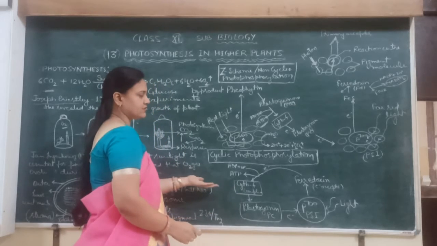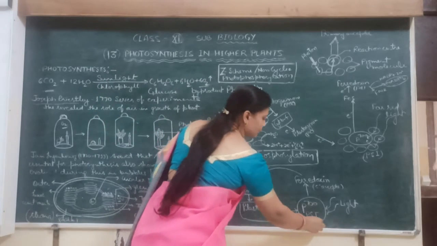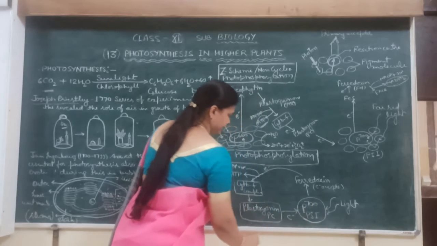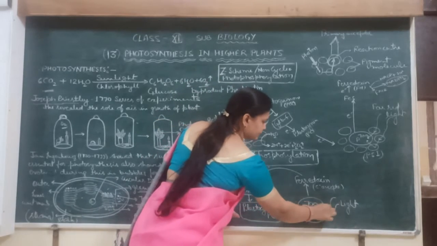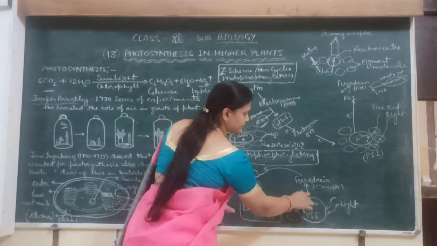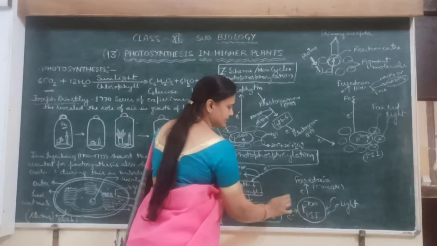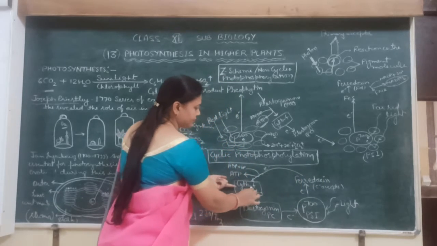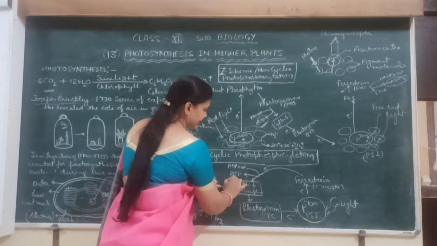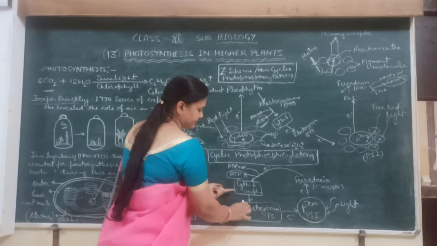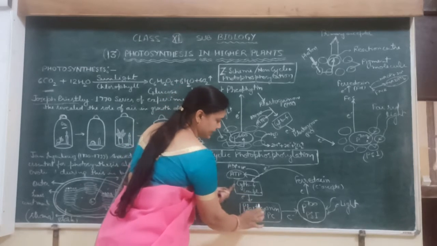What is cyclic photophosphorylation? In this only PS1 takes place, that is P700. So it consumes the sunlight and releases the electron. The electron is accepted by the ferredoxin. Through the ferredoxin the electron goes to the cytochrome b6f, and during this an ATP molecule is formed, and from cytochrome f the electron comes to the plastocyanin.